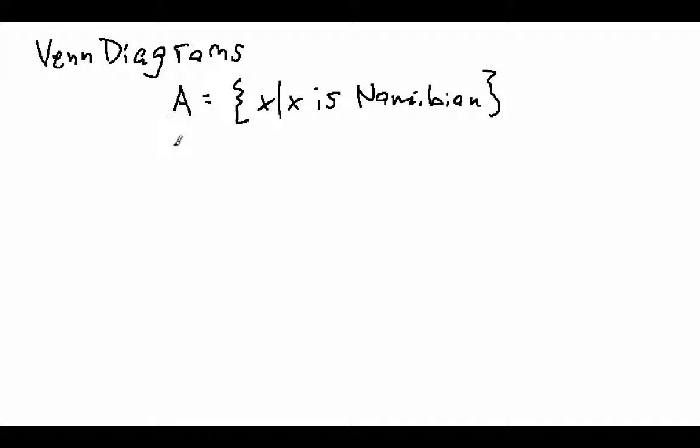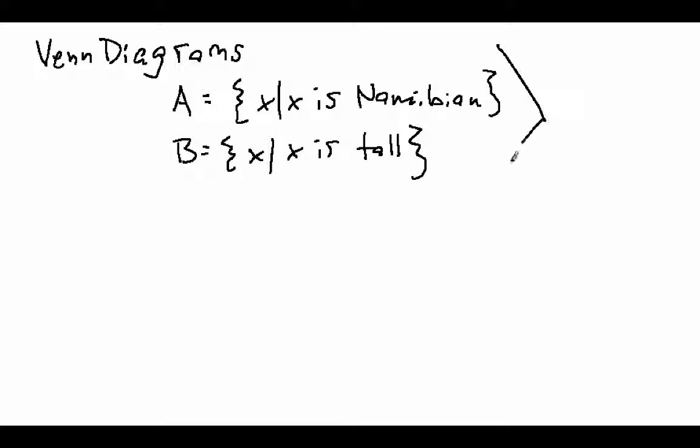And I'd like to let B be equal to the set of all X such that X is tall. And for the moment, let's just restrict ourselves to people.